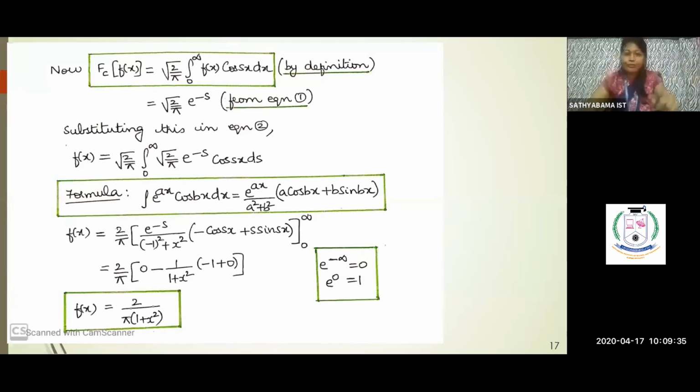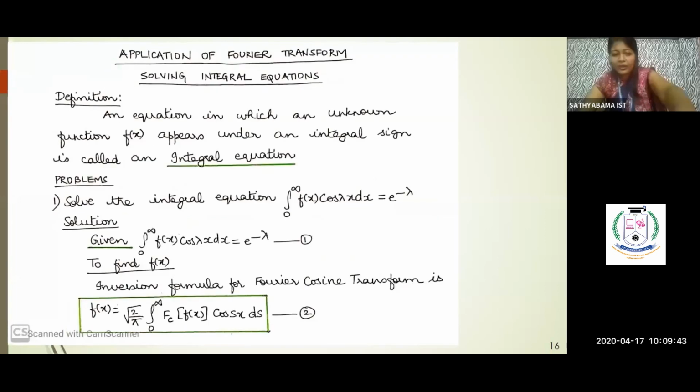Now, listen carefully. The value of this integral in the first step is what is given in the question. Look at the question. Look at the given equation 1. It says integral 0 to infinity f of x cos lambda x dx is equal to e power minus lambda.